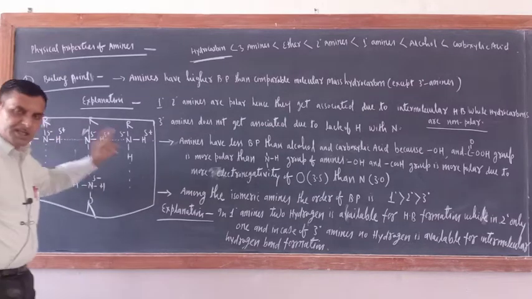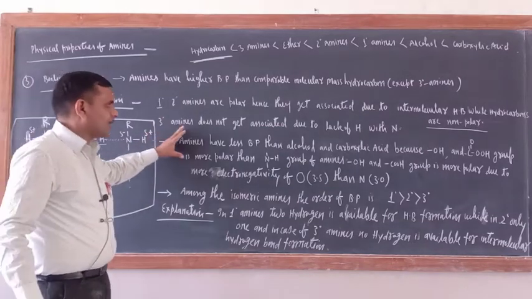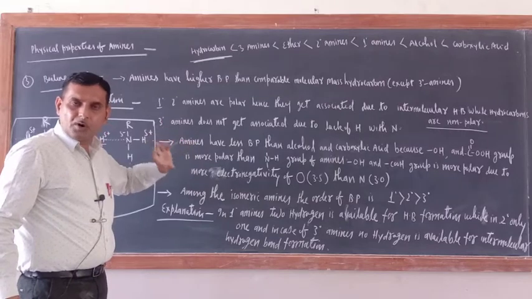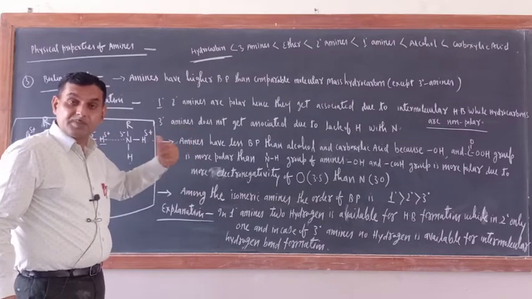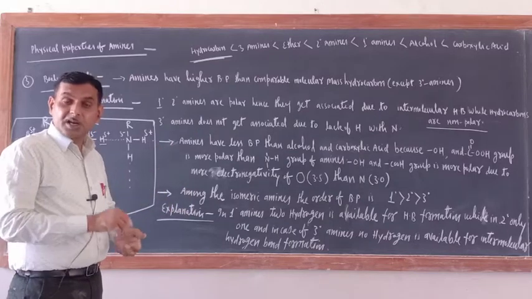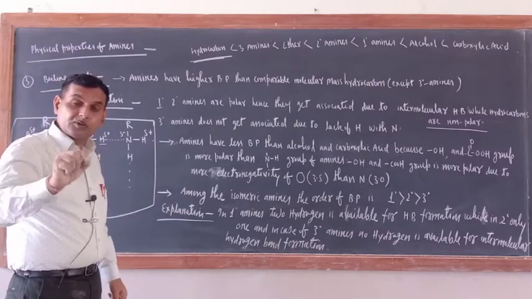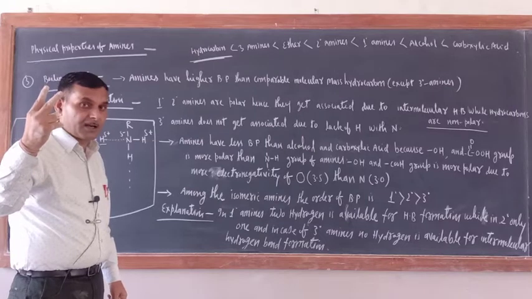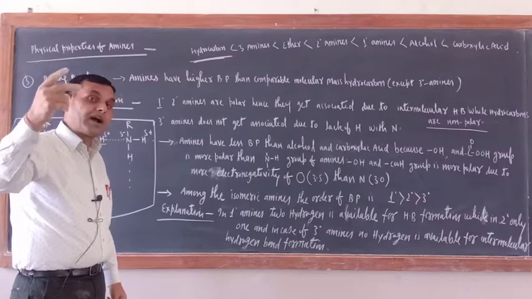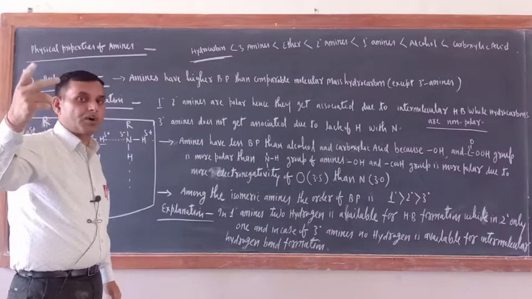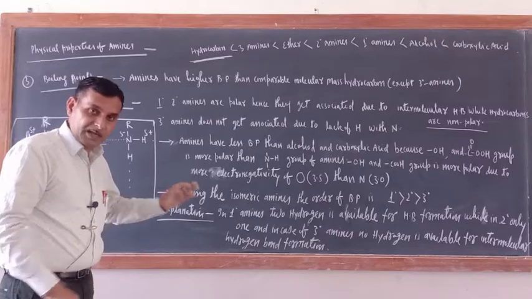So just see what I want to tell you. Hydrogen bonding tendency is more in case of 1 degree amines because their functional group is NH2. With the nitrogen, 2 hydrogens are available. So the tendency to form intermolecular hydrogen bonding is more in case of 1 degree amines.